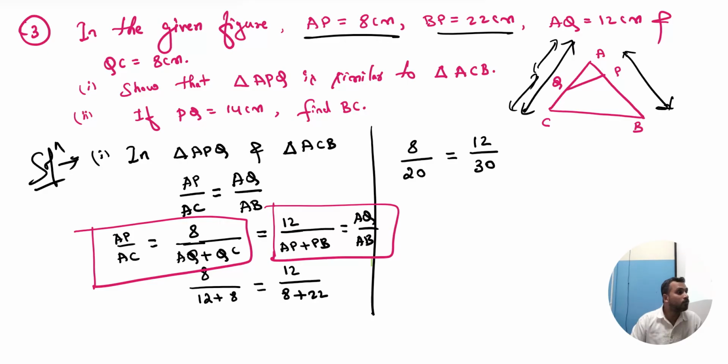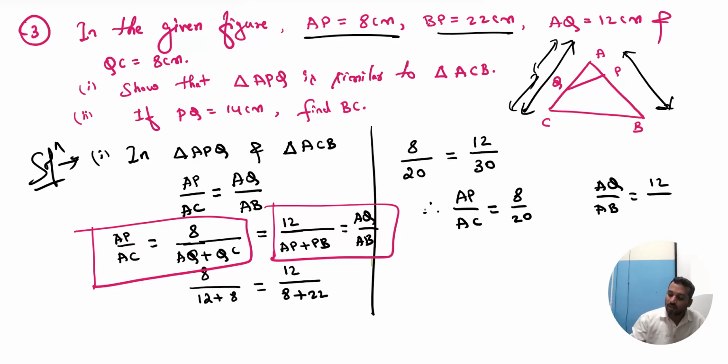Correct, no? So here we can conclude the steps like this. We can say that AP by AC is equal to 8 by 20. And similarly, AQ by AB is how much? 12 by 30.